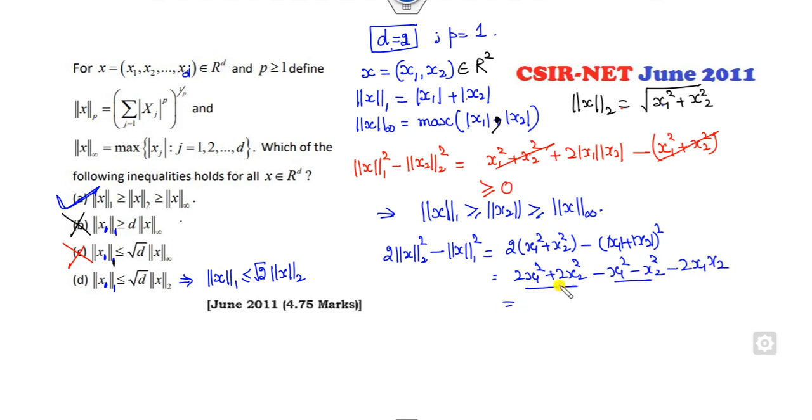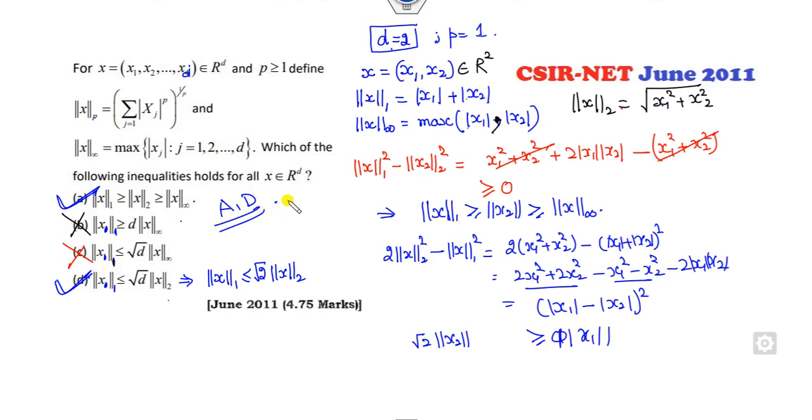So it is my (x1 minus x2) square, which is always greater than or equal to 0. So what this means is root 2 x2 is always greater than the norm of x1. So yes, this option is also correct. A and D are my correct options.